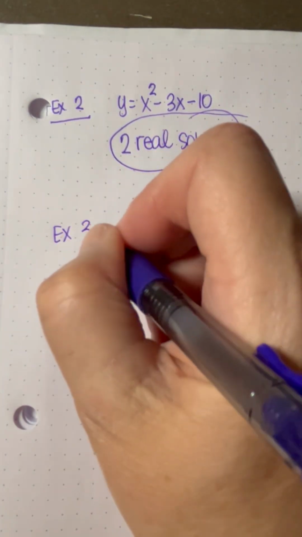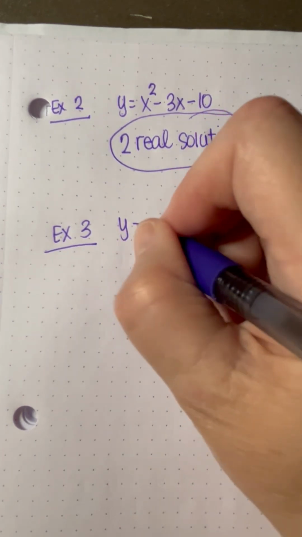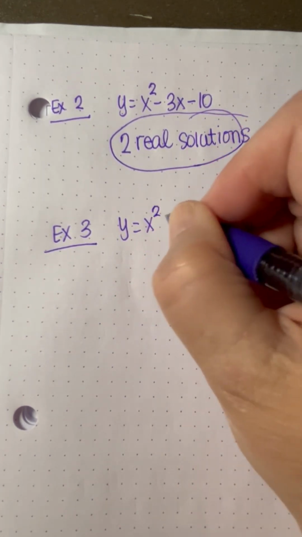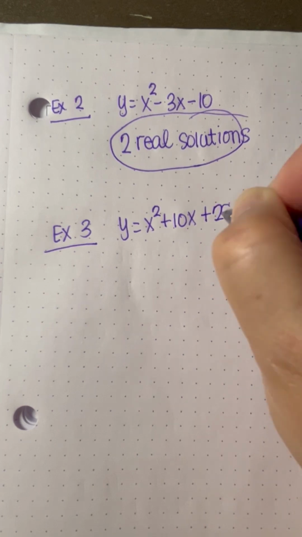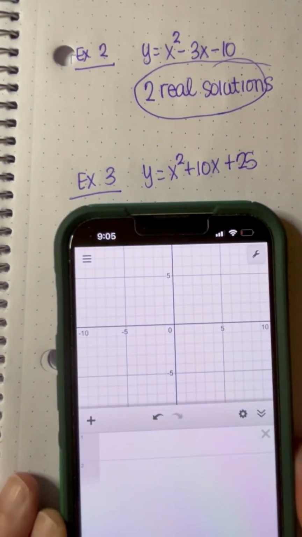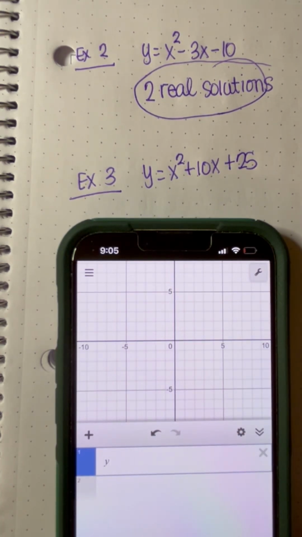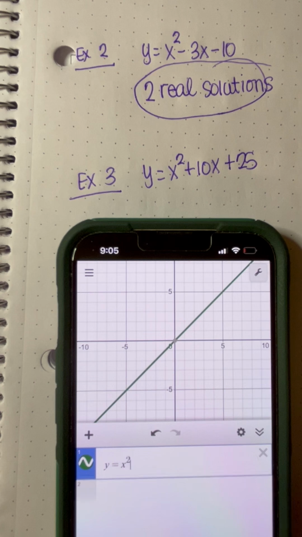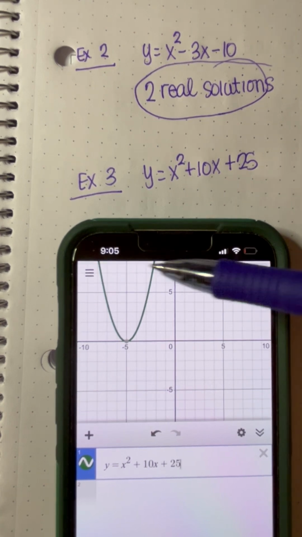All right, example 3. y equals x squared plus 10x plus 25. So I can see my u.